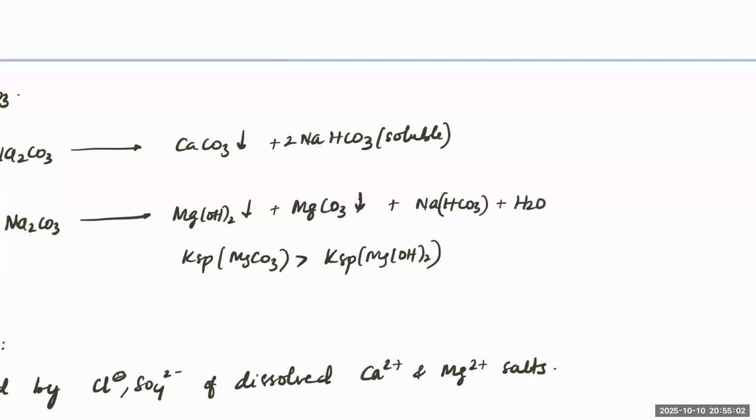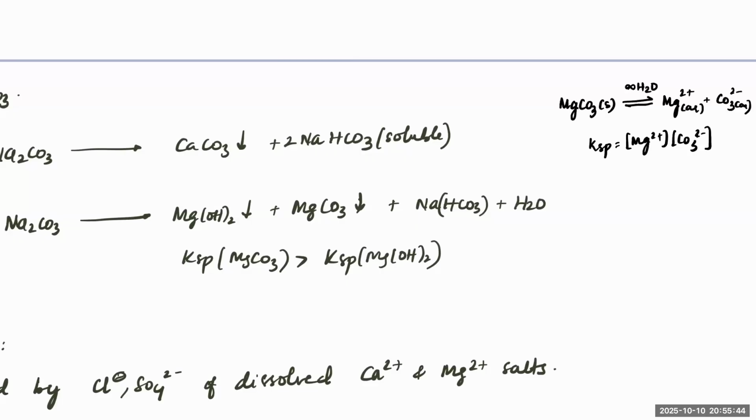For example, if you take solid MgCO3 and put it in an aqueous solution, with a sufficient amount of water, a small composition of magnesium ions and carbonate ions will be present. The majority will exist as MgCO3 only. The product of these two concentrations, Mg2 plus and CO3 2 minus, is called the solubility product.